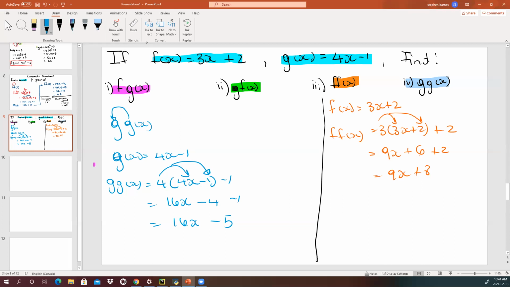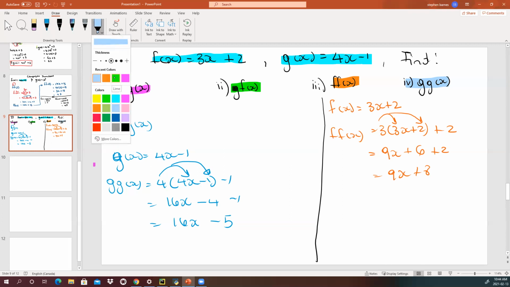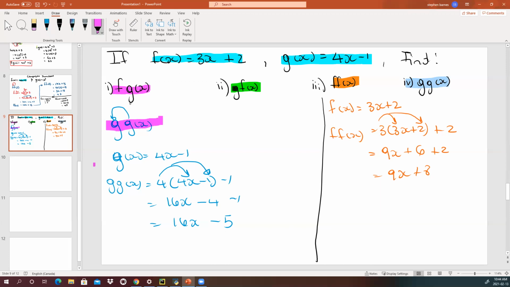Just one more thing to note before we go on. We have these two functions left behind, and I deliberately left them on the screen because I wanted to make a point in case you see it in your exam. So this function, g of g of x and f of f of x, you can also see it represented as, or when you're asked to do it, they'll ask you for g squared of x, and this would be f squared of x.